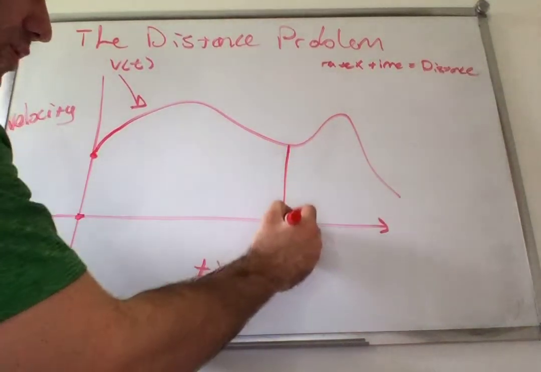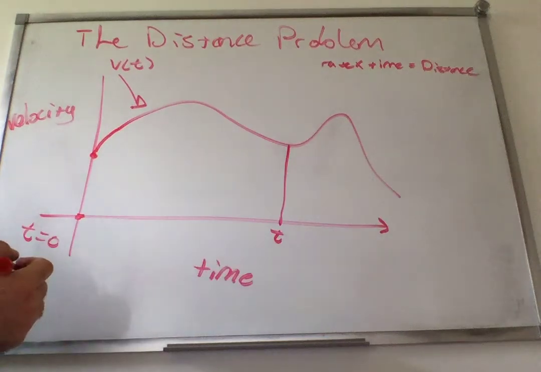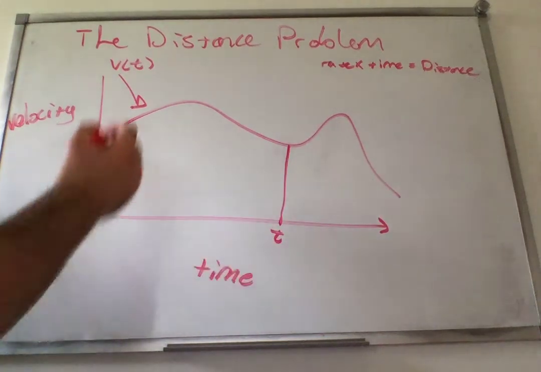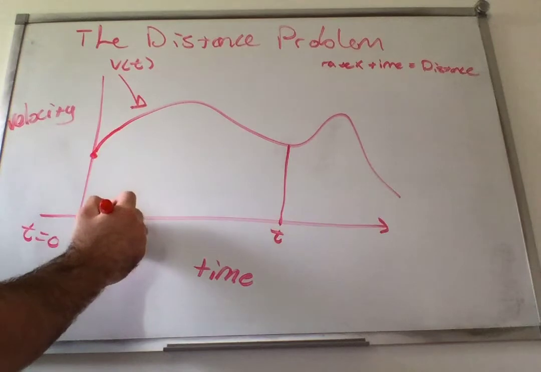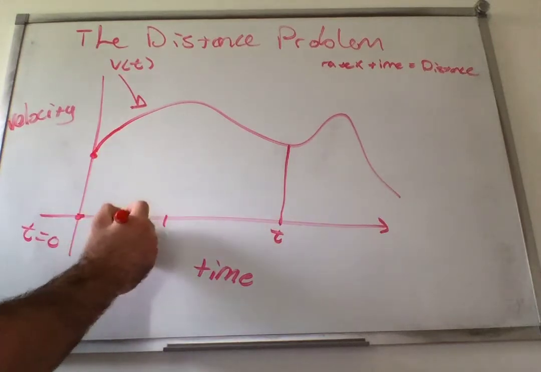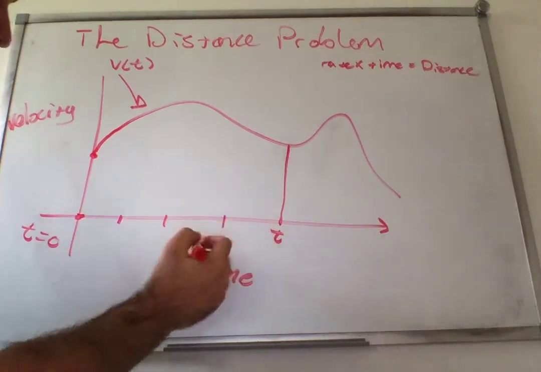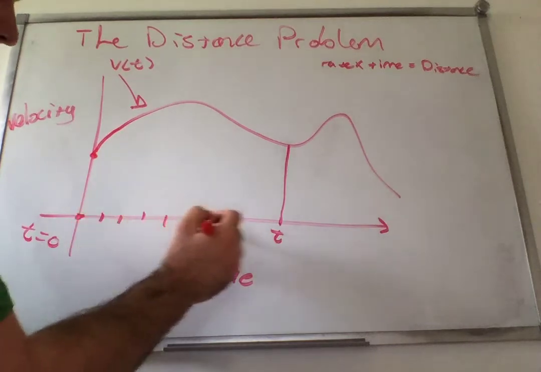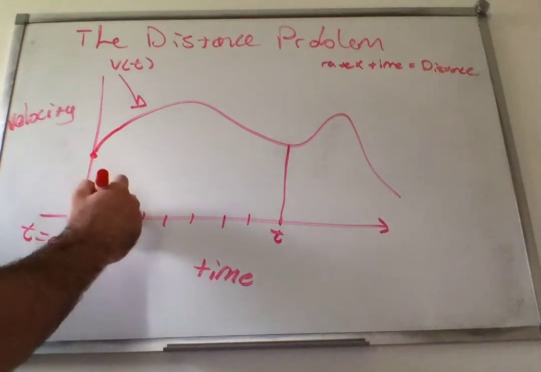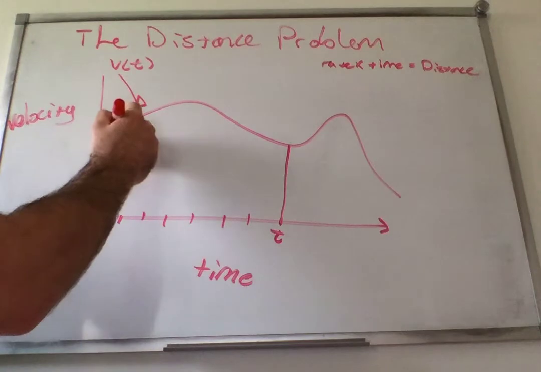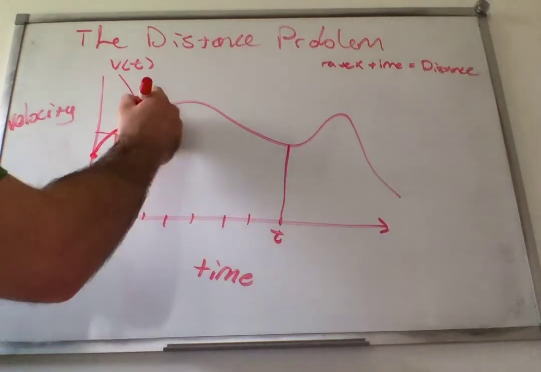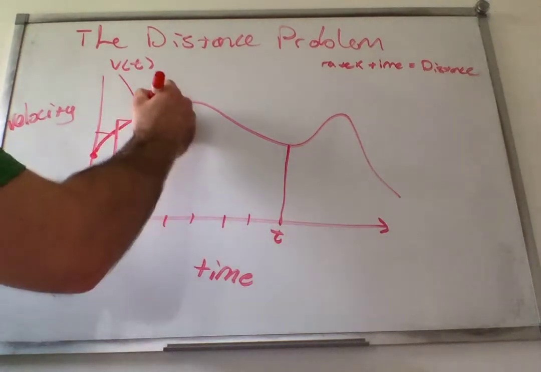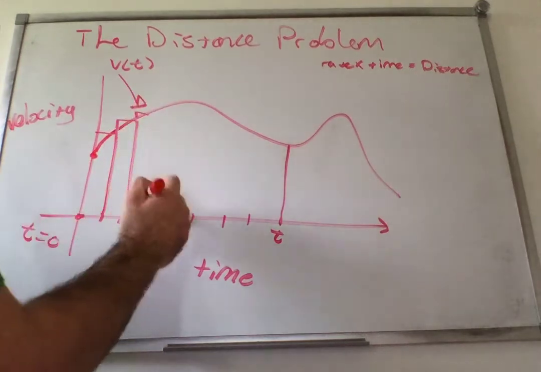So let's go ahead and do this. Let's take this interval and split it up into equal subintervals. Let's go ahead and make some Riemann sums. That's a really bad straight line.